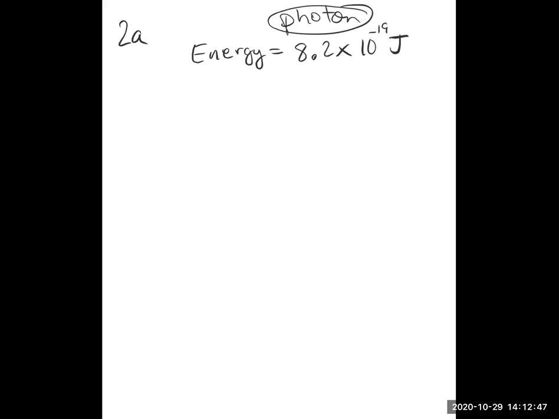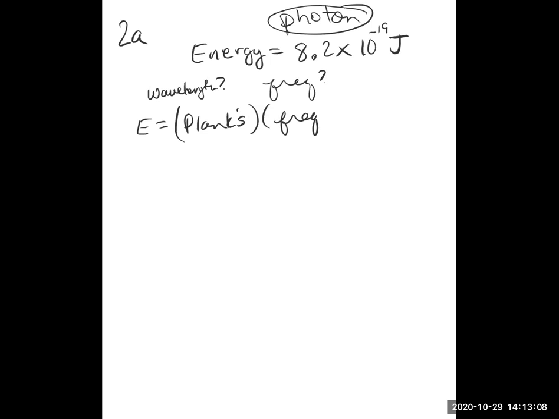Okay, so the question is, what is the wavelength? And what is the frequency? Well, it turns out that energy is equal to Planck's constant, or Planck if you want, times the frequency.